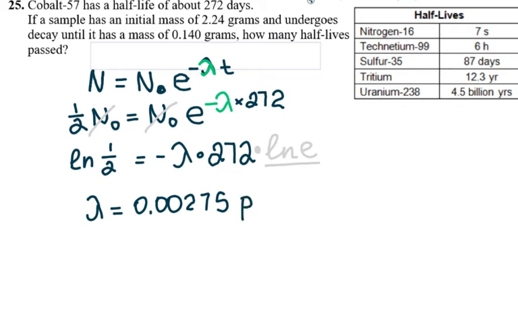And we plug in time in days, so that's per day. So what that means is 0.275% of the radioactive element is going to be decayed per day.